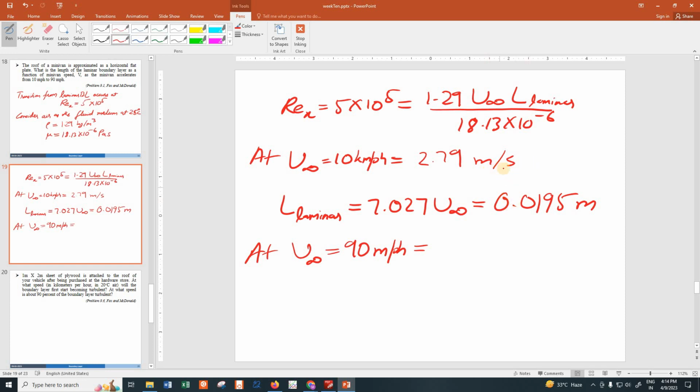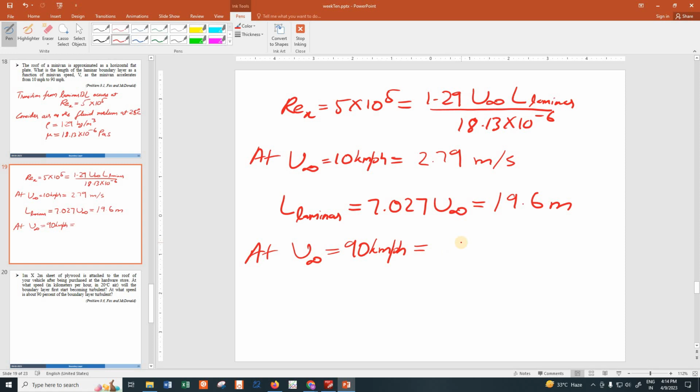7.027 into 2.79. Okay. Similarly, it would also jump, and let this also be kmph.